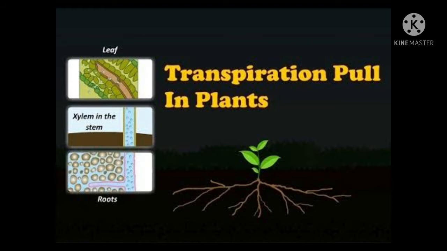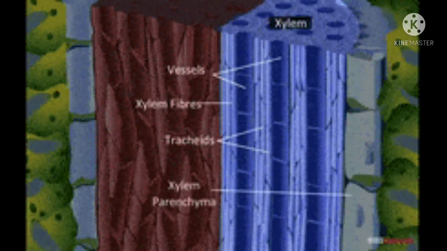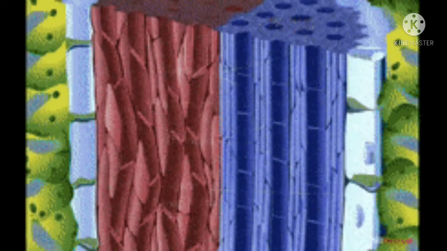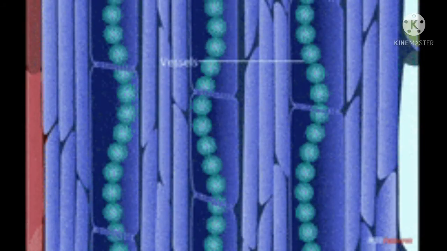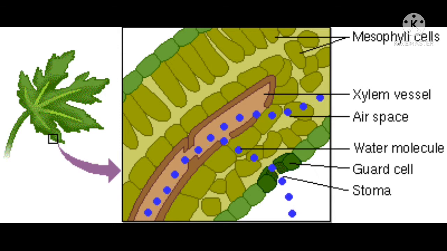When the leaves transpire, there is a pulling effect on the continuous columns of water in the xylem vessels. The top ends of these xylem vessels are surrounded by the leaves' mesophyll cells, which contain cell sap.